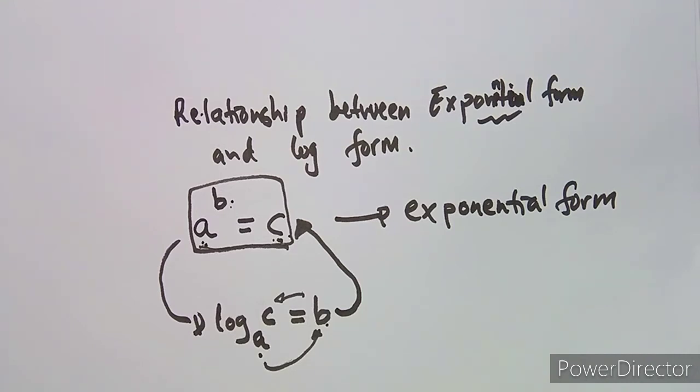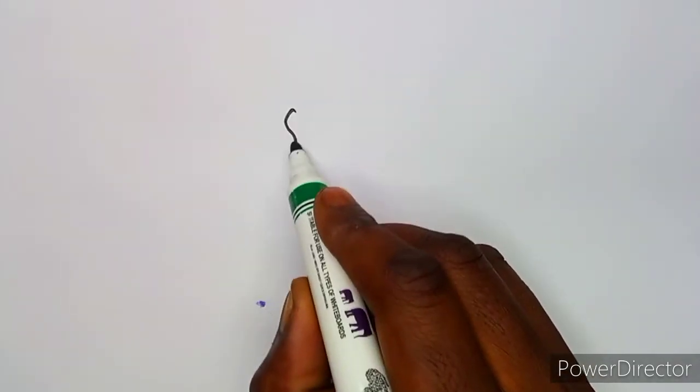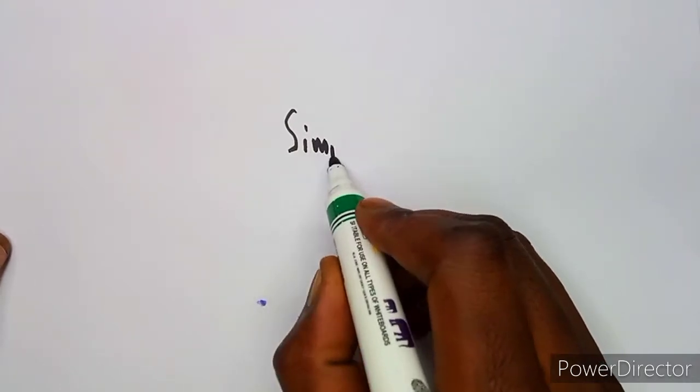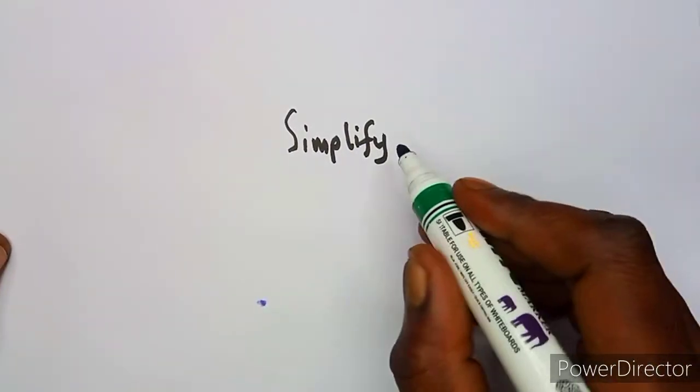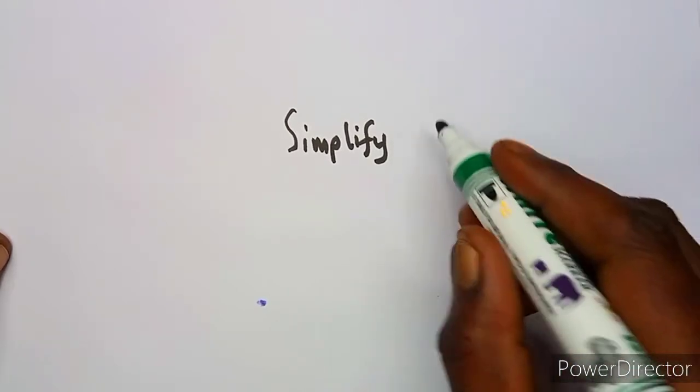So now, using this relationship, there are ways that I can use to simplify. This is the first part that we want to talk about: simplifying logarithms. So how do I simplify logarithms? This is the first method. I'm going to explain two methods. Simplify logs.